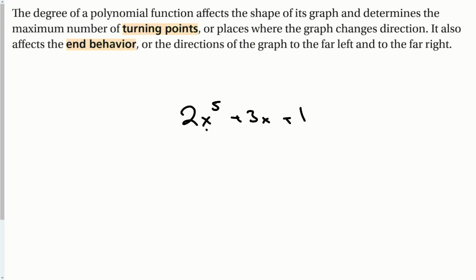This will, right? Because even just plugging in a 2 or a 3 or a 4, when we raise it to the 5th power, it's going to make that number much, much bigger, or much, much smaller, than these two terms right here.